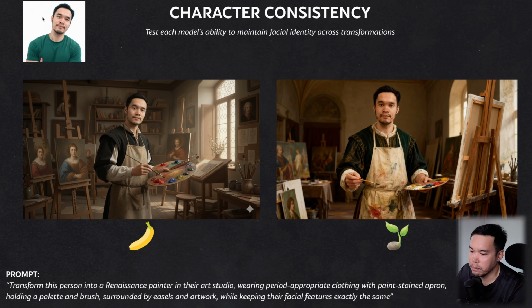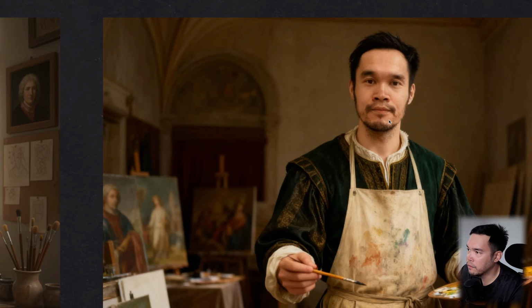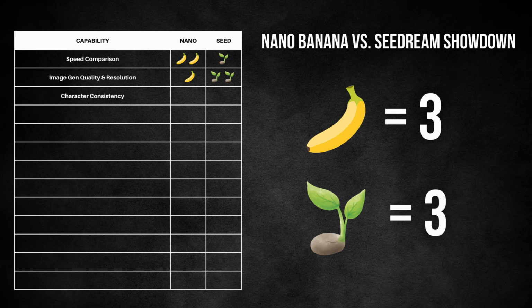In this case, I provided a photorealistic image, right? And it gave me a photorealistic image. Seedream also maintained my facial identity well, but it did apply more of a Renaissance painting texture to this image, so it would be good to take note of that. But overall, since it's fairly close and each model just has their own nuance, for character consistency, both Nano Banana and Seedream get 1 point each.